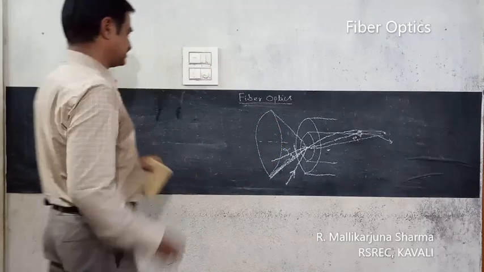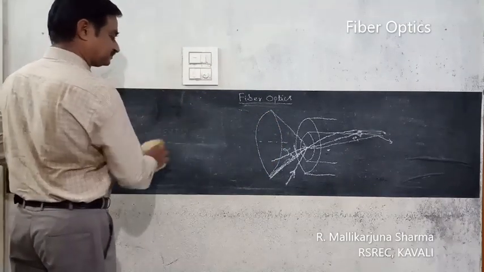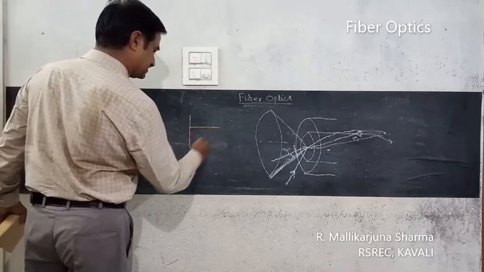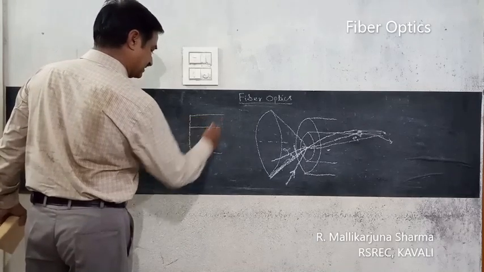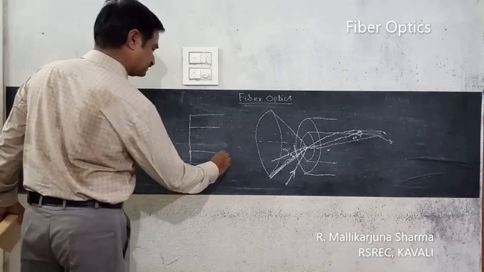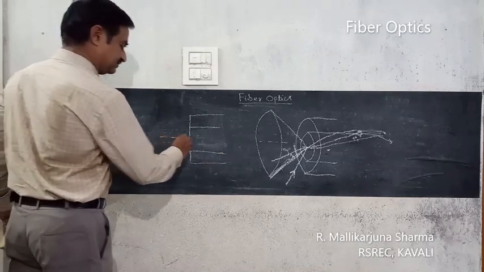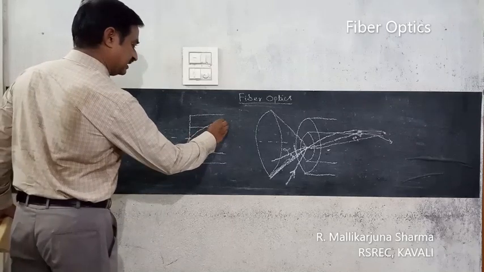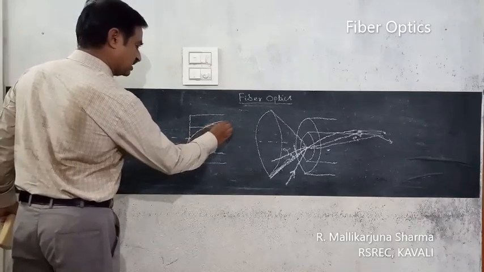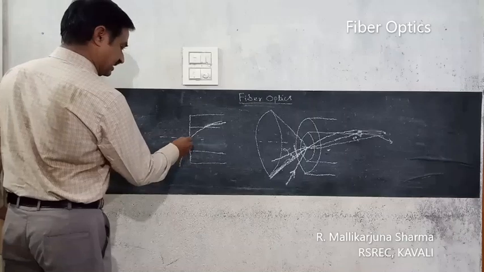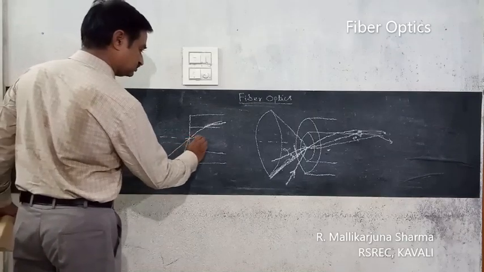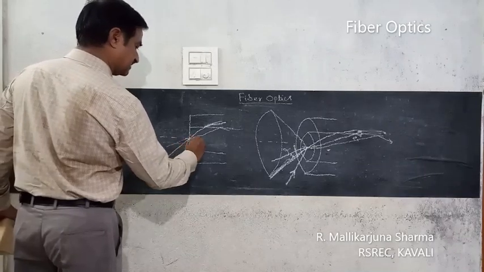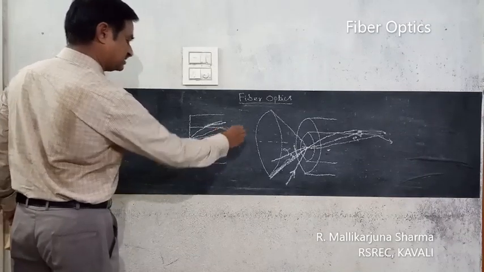For our convenience, if we draw the structure in a two-dimensional way, taking core like this and cladding like this, then for smaller angles the ray goes to the cladding. At a critical value it grazes the surface. If it is more than this, the rays come back into the same medium.